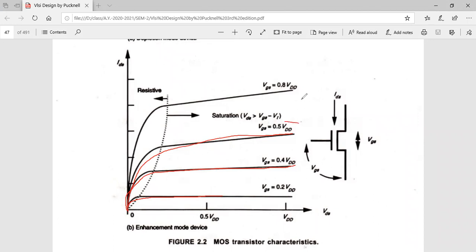Generally, this VDD will be 5 volts or some more. As technology has changed, after 5 volts we used 2 volts, then 1.8 volt, 1.2 volt, like this. This VDD voltage can also be varied as time has passed, right?